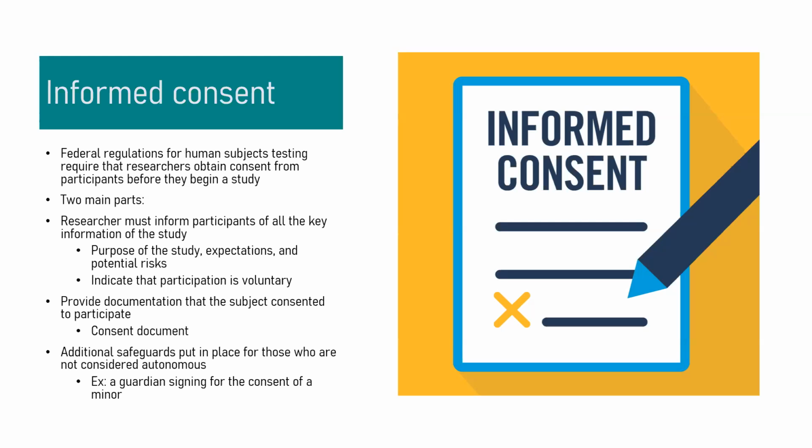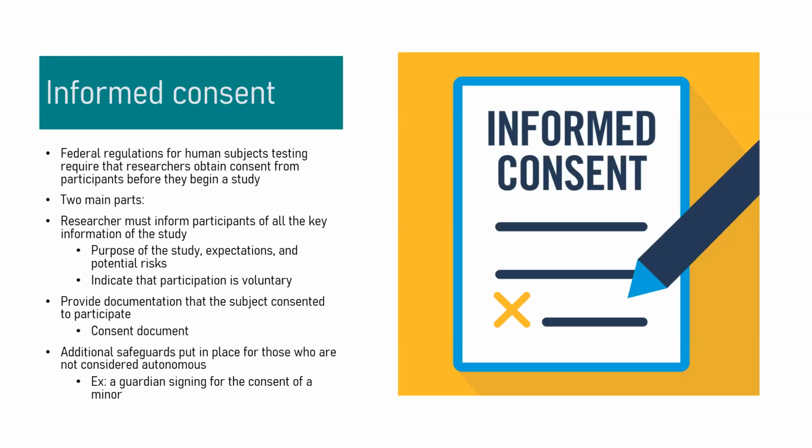The second part of informed consent is that the researcher should be providing documentation that this participant did indeed consent to the study procedures and requirements. And this is usually done by having a consent document signed by each participant.